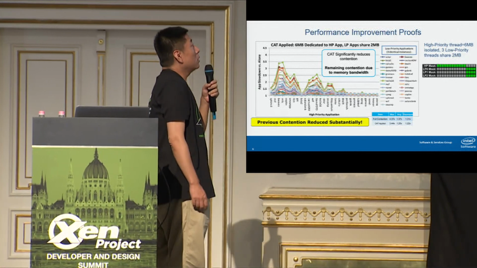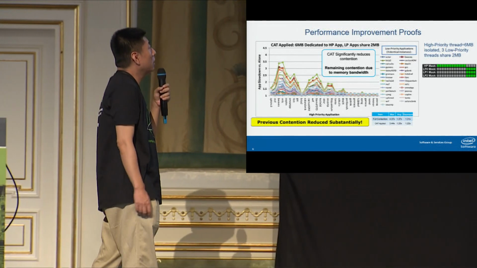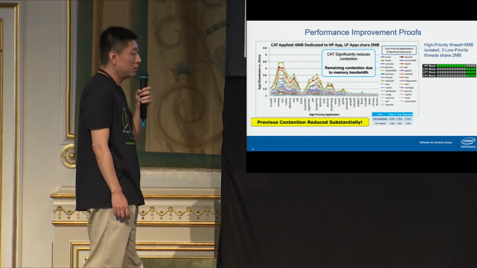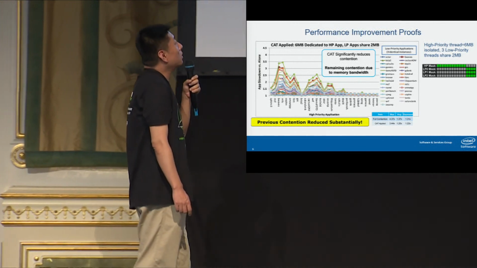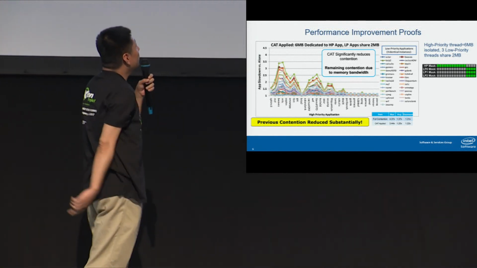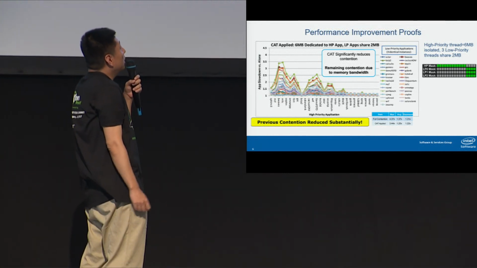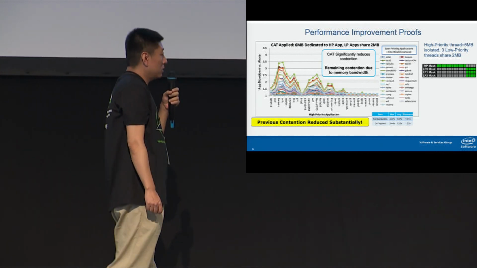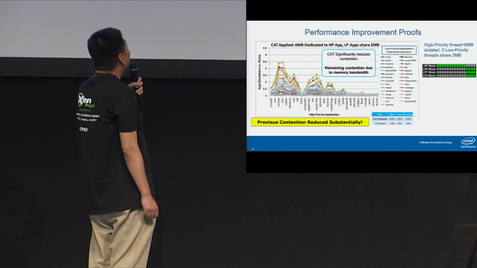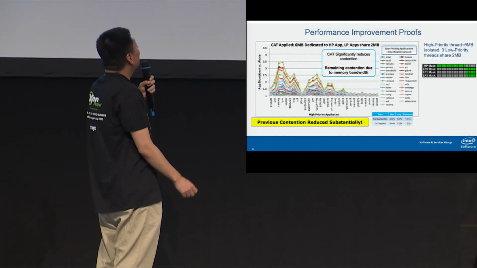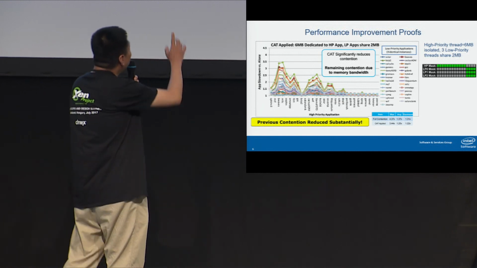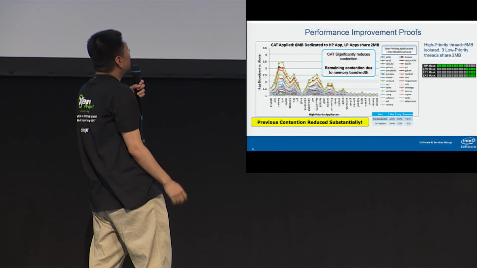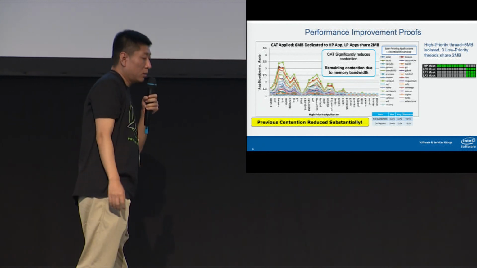As you can see, this shows that the performance downgrade is reduced with L3 CAT enabled. In this figure, out of the 8 megabytes of last level cache, 6 megabytes are allocated to a high-priority application, and the remaining 2 megabytes are shared by 3 lower-priority applications.